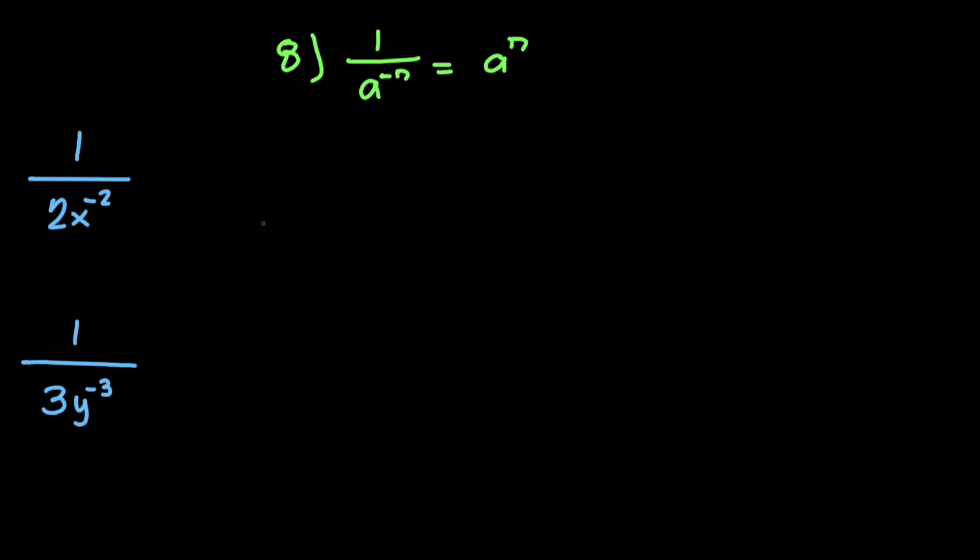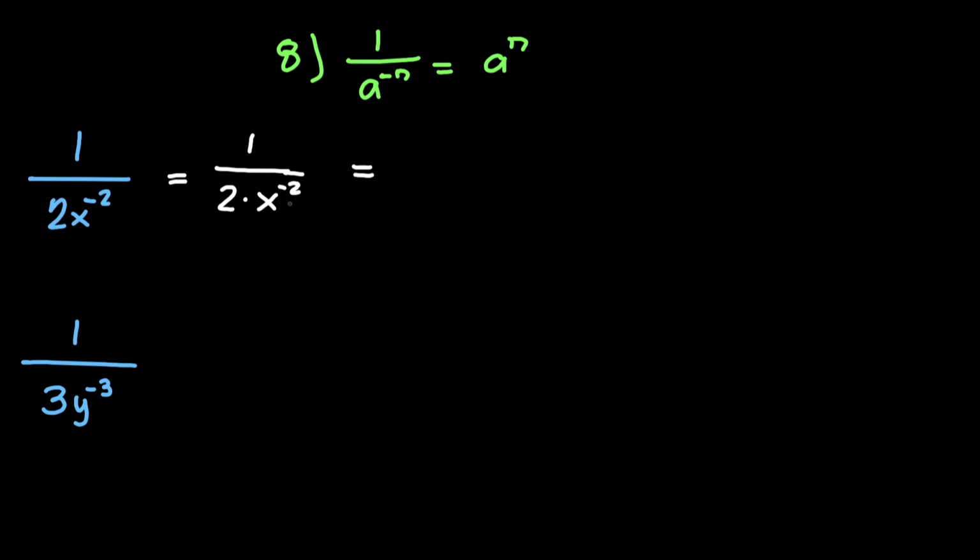1 over 2x raised to the power of negative 2. This would be 1 over 2 multiplied by x raised to the power of negative 2.